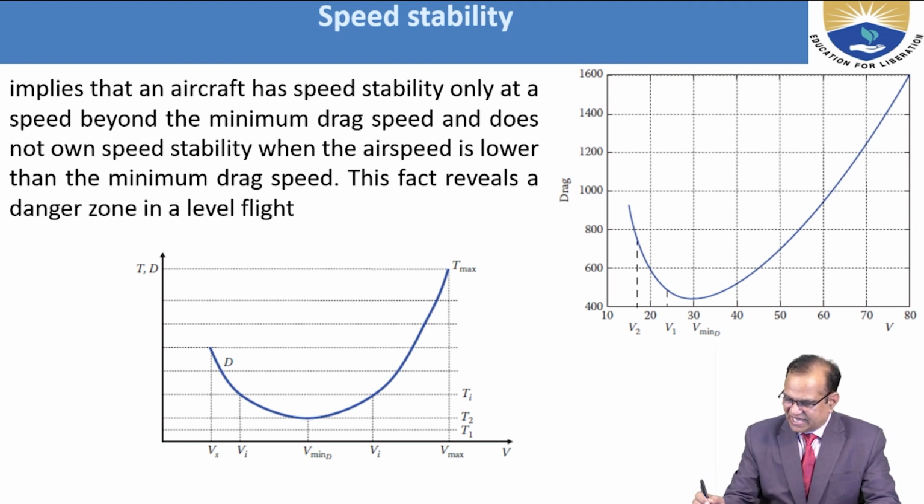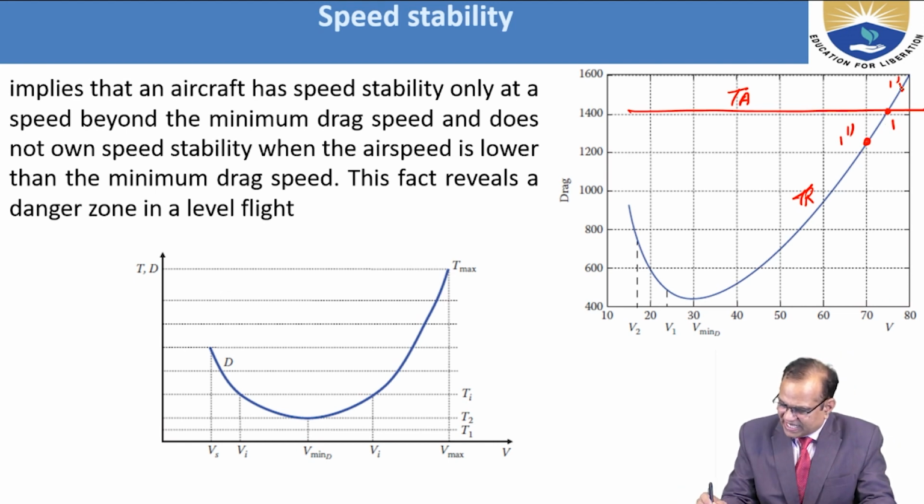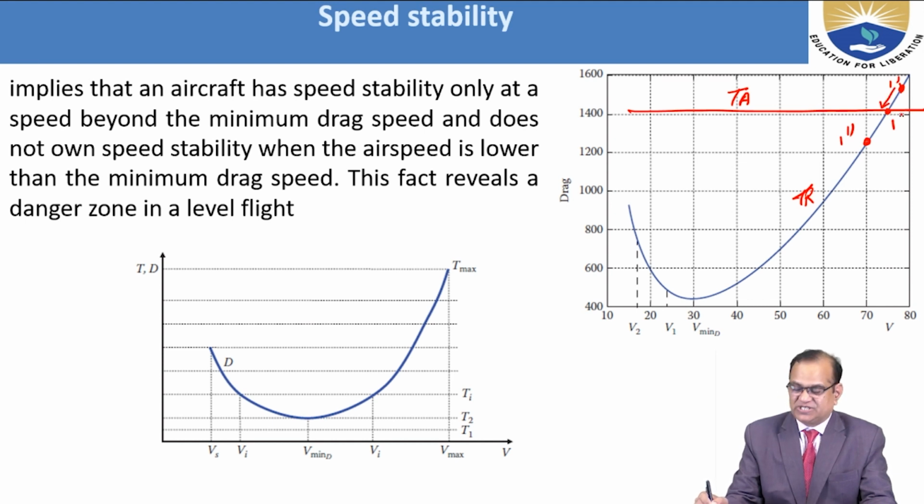if your aircraft is here, this is your thrust available, this is the thrust required. This is point 1, this is 1 prime, and this is 1 double prime. So what is happening here? If your aircraft is at 1 prime, then you don't have that much thrust available, so your aircraft will tend to come to its equilibrium position. It will reach here.